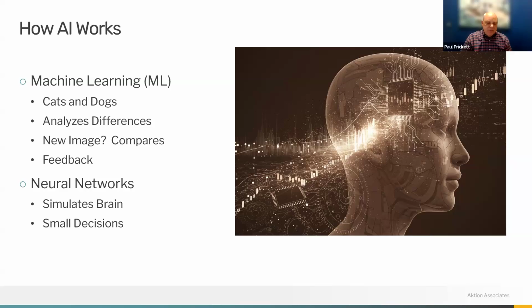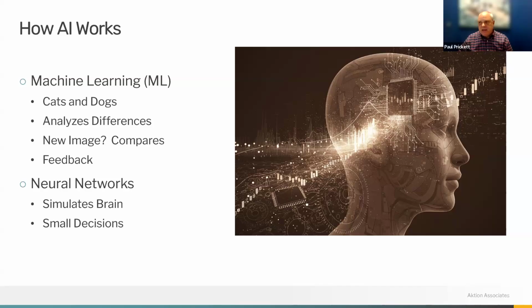So the basic fundamentals of how AI works start with machine learning, which is sometimes just called ML. The best way to think about this is, instead of giving a computer a set of instructions that says, this is how you recognize a cat and this is how you recognize a dog, we feed millions of pictures of cats into an AI system and millions of pictures of dogs, and we clearly identify: this is a cat, this is a dog.